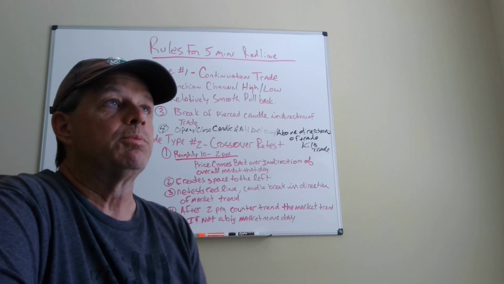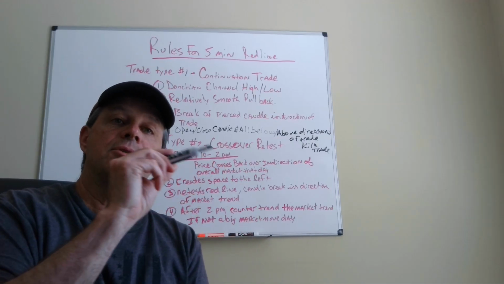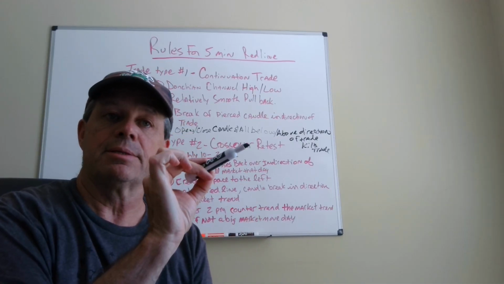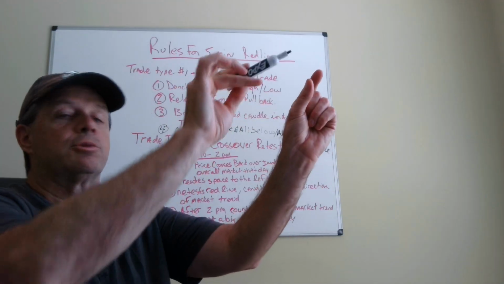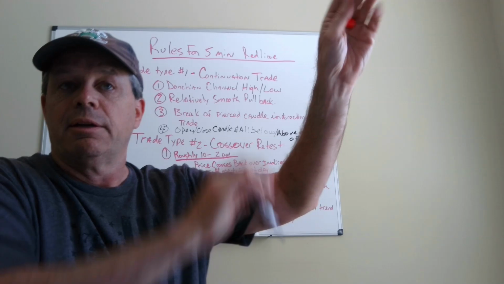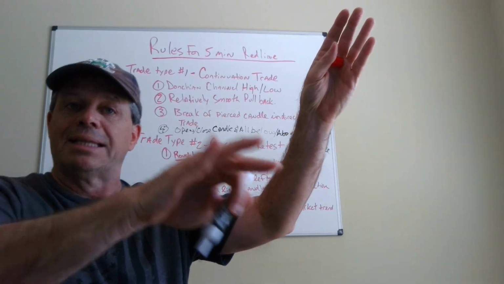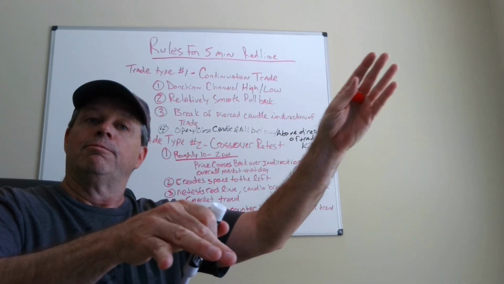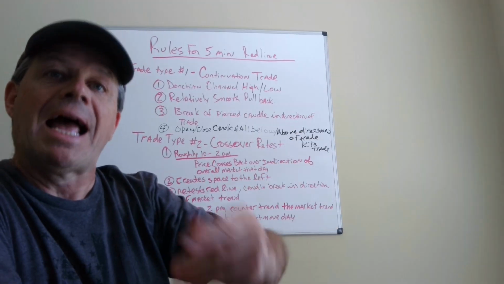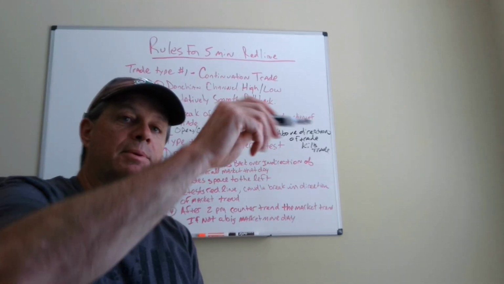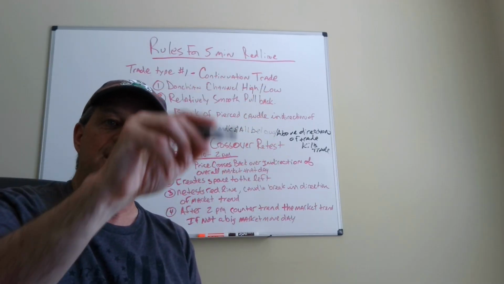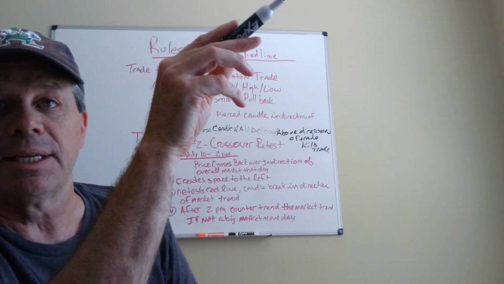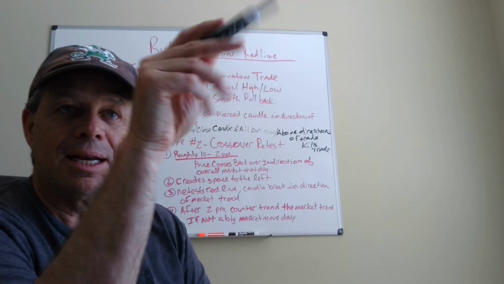A relatively smooth pullback is when you're looking at price, even though there's some, say the candles will be mostly red, let's just say, if you're doing a long, they're going to be mostly red leading to your 5 minute red line because they're pulling back to that 5 minute red line. But there's going to be some green candles in there. There's going to be some rotations. It's going to hit the 1 minute gold line and kind of hang out a little bit.